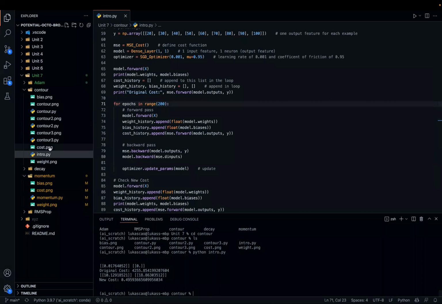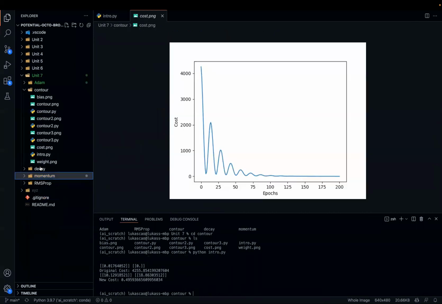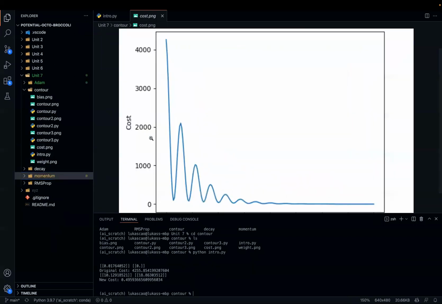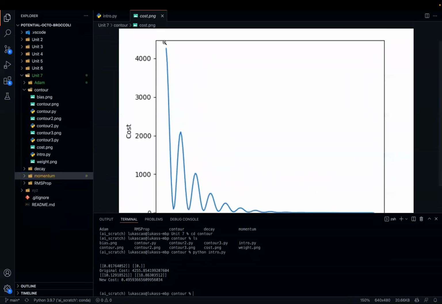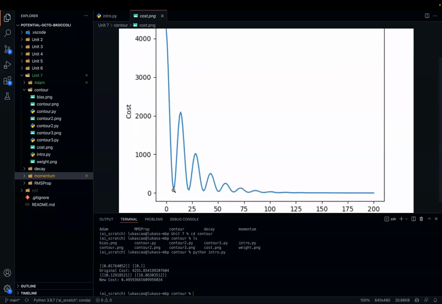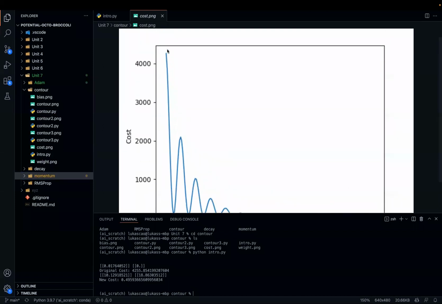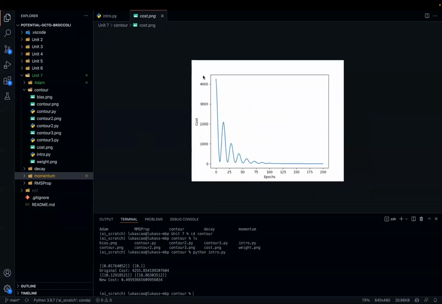So if you look at the history of how we update, if you look at the cost, this is bad. You start lowering your error, which is your cost, and then you increase it again, but then you decrease, increase, decrease, increase, decrease. And we don't want that. We want it to consistently fall down, not fall and then come back up. You don't want your error to come back up. That doesn't make any sense.